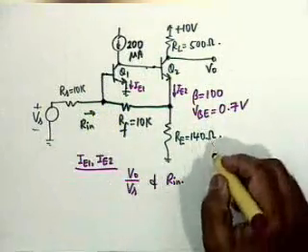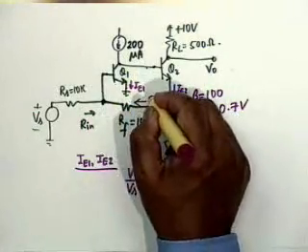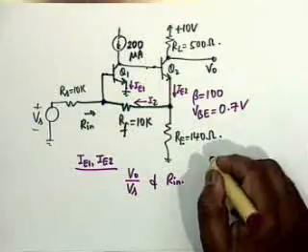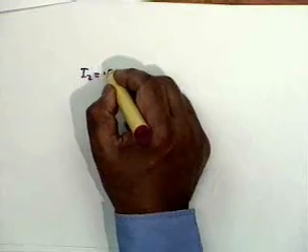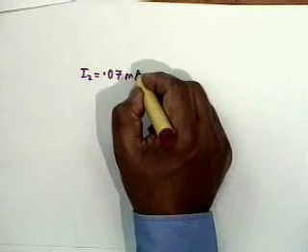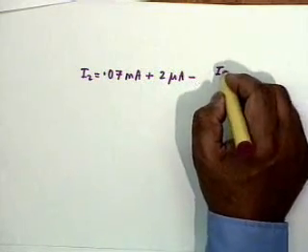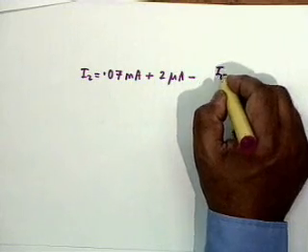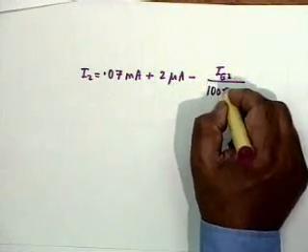So ultimately what you will get is, if this current is I2, please check my solution. You get the following two equations: I2 equal to 0.07 milliampere plus 2 microampere minus IE2 divided by 100 into 101.